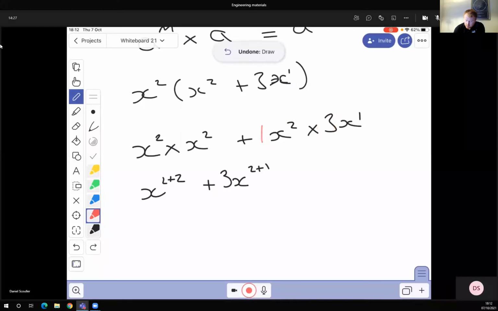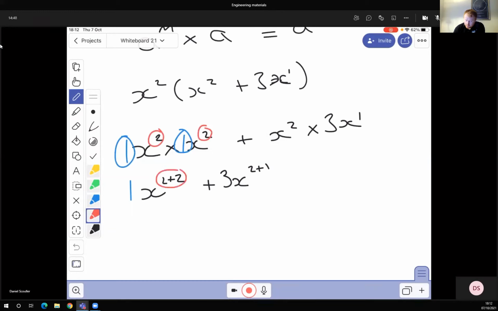If I'm losing anyone, just let me know. Likewise, that x squared and x squared, we've not written it, but that's 1x squared, 1x squared. Those ones would multiply, 1 times 1 is 1, and those 2's are added together. So your final equation is like that.